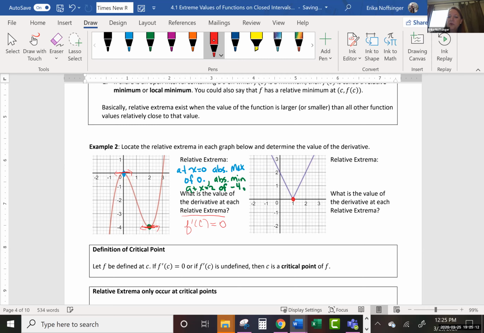And so we have an absolute min at x equals 1 of 0. I don't see any max because I'm assuming these go on forever unless it's a closed interval. So no absolute max.